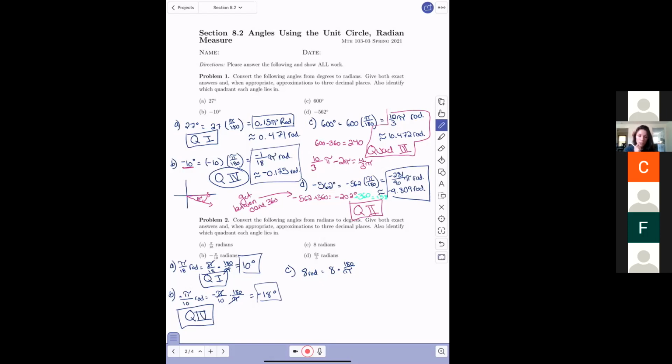So 8 times 180 over pi gives us 1440 over pi degrees, which is about equal to 458.366 degrees. Any questions on just that conversion first, before we get into the quadrant?